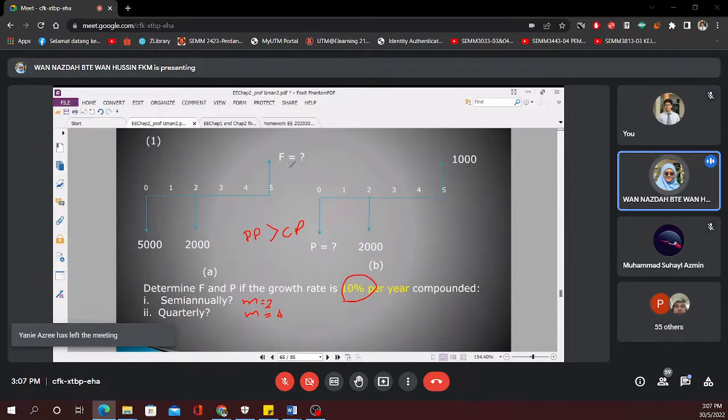You need to determine F at n equals to 5 for the payment period that happens every year. Here, determine F and P if the growth rate is 10% compounded semi-annually. So if it is compounded semi-annually, the compounding period is 6 months, right?